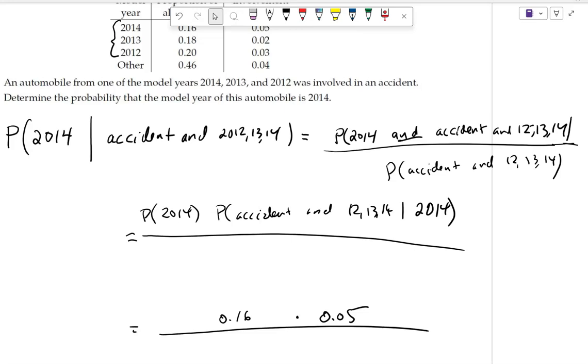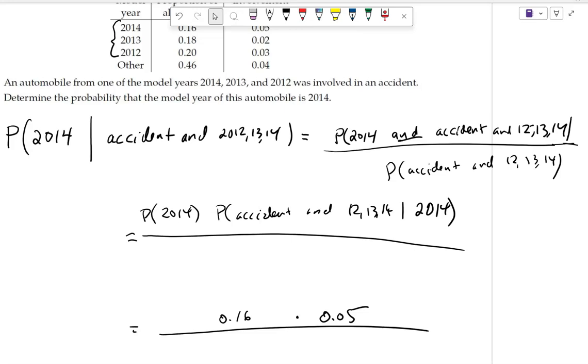The last part's not too bad either, because you want accident and one of the possibilities: accident and 12, or accident and 13, or accident and 14, right? That's really all we need to do for the next part.